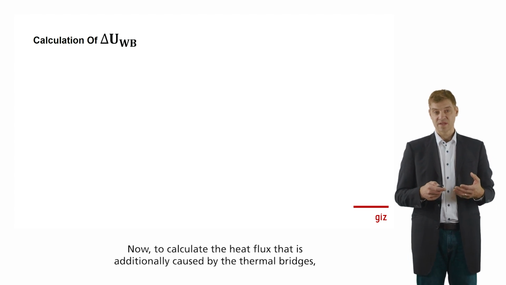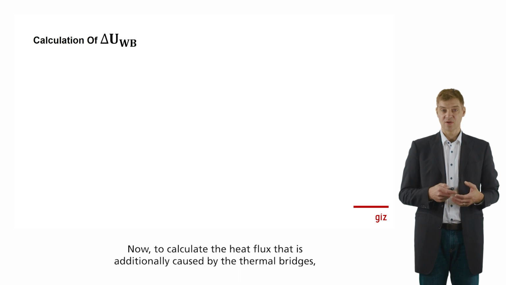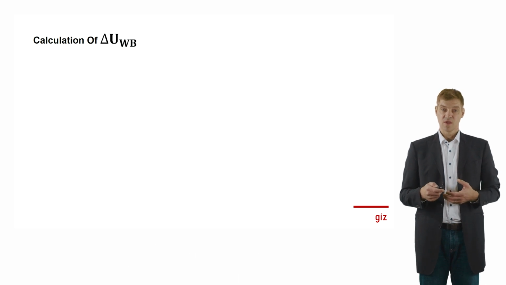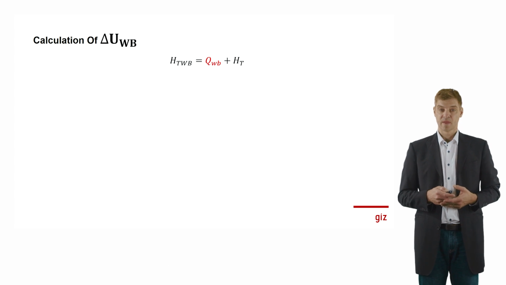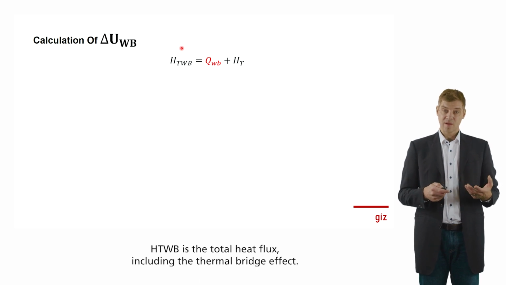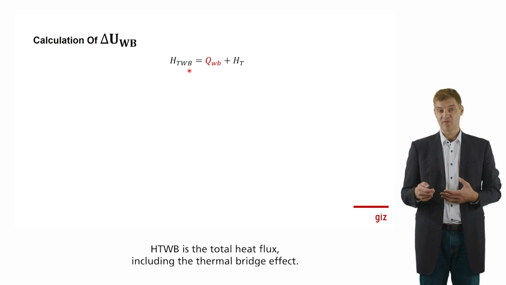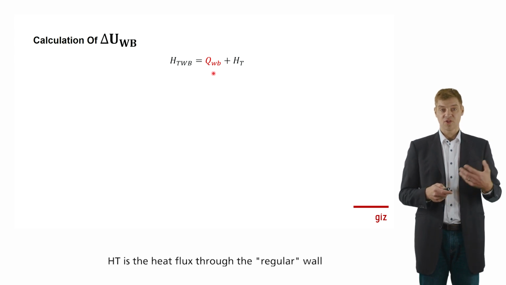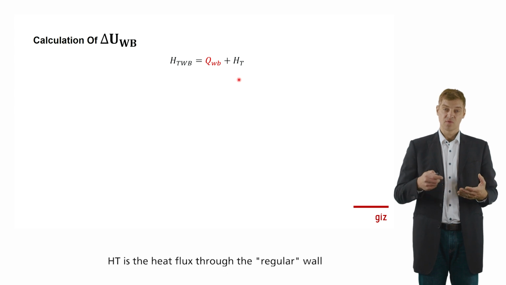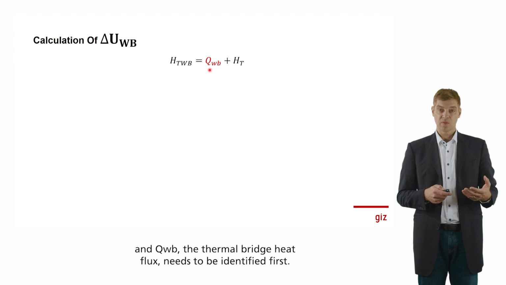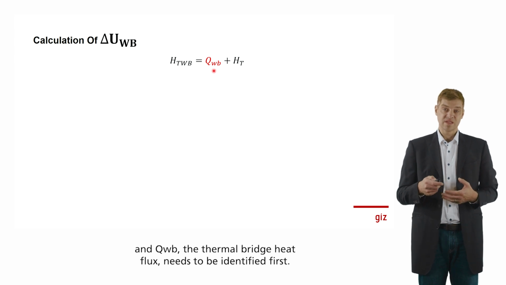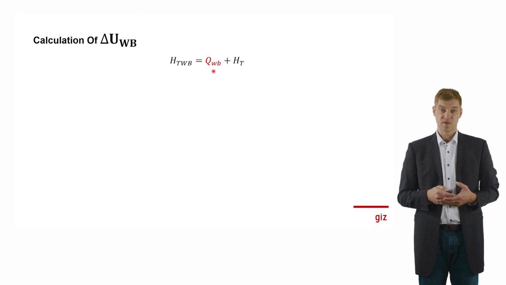Now to calculate the heat flux that is additionally caused by the thermal bridge, we use this formula. H_T,WB is the total heat flux including the thermal bridge effect. H_T is the heat flux through the regular wall and Q_WB, the thermal bridge heat flux, needs to be identified first.